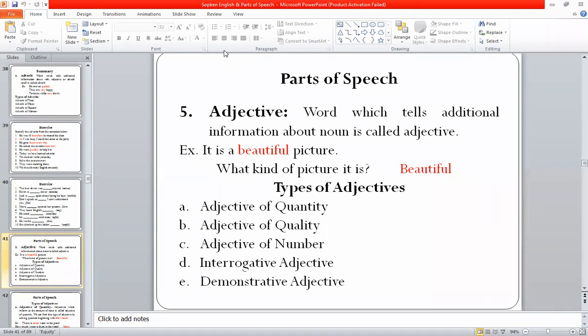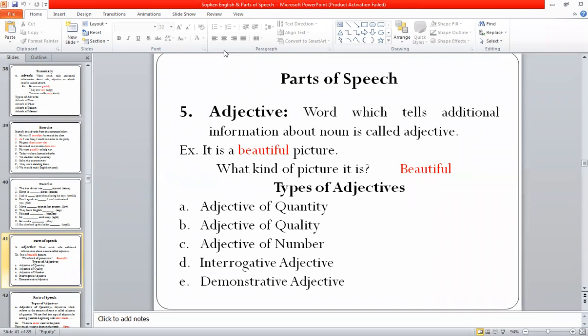Example first is, it is a beautiful picture. Okay, so if we ask the question to this sentence, what kind of a picture it is? So it is a beautiful picture.